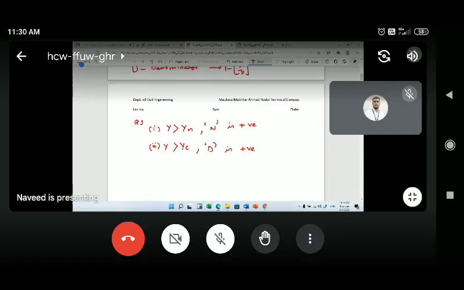Both values are positive. So dy by dx is positive, that is, the water surface will rise in the direction of flow.